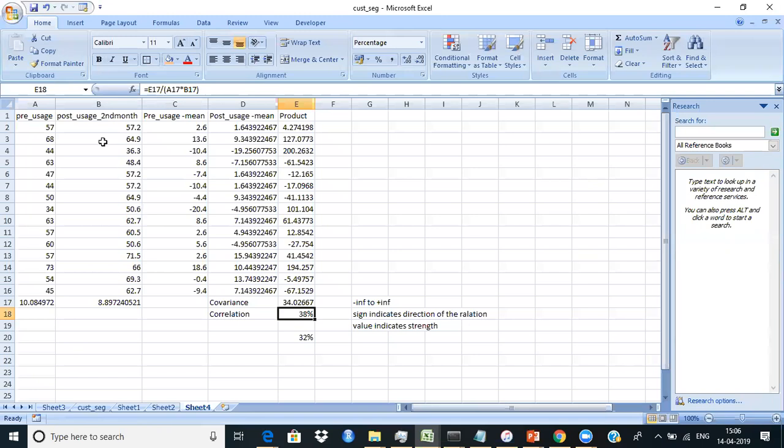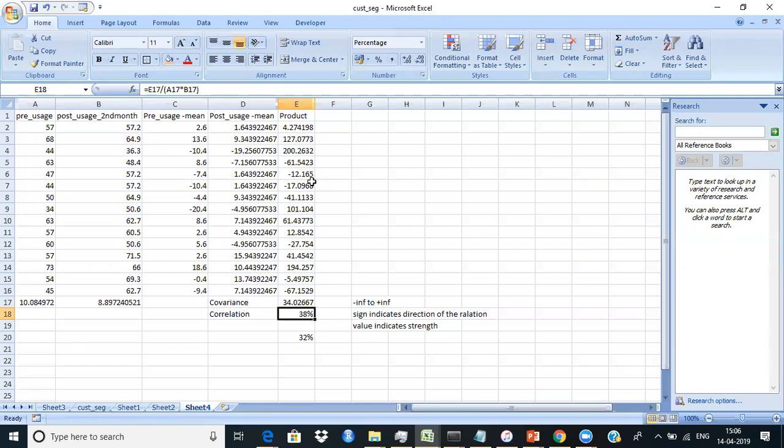We subtracted the mean from each value to get the direction. Once we get the direction, we need to combine the direction of both variables, so we multiplied them. Then the easiest summarization is the average, which gives me covariance. Divide covariance by the standard deviations, you get correlation.